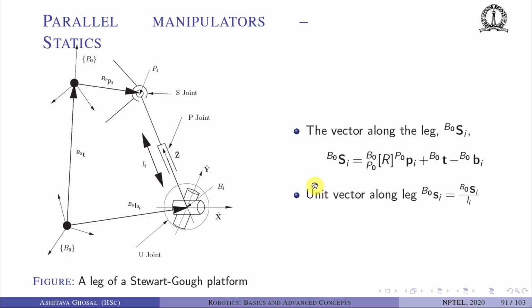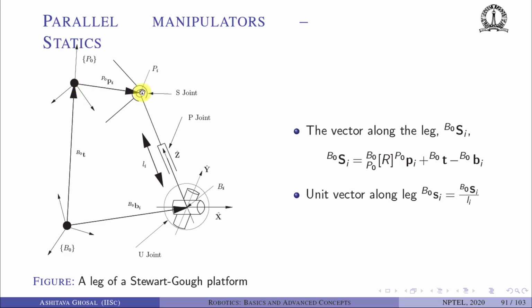So let's go back and look at this in a little bit more detail. The leg of a Stewart platform consists of one P joint, one S joint at the top moving platform, and a U joint at the fixed base. There is a vector B0 Bi, and a vector B0 T to the origin of the moving platform.